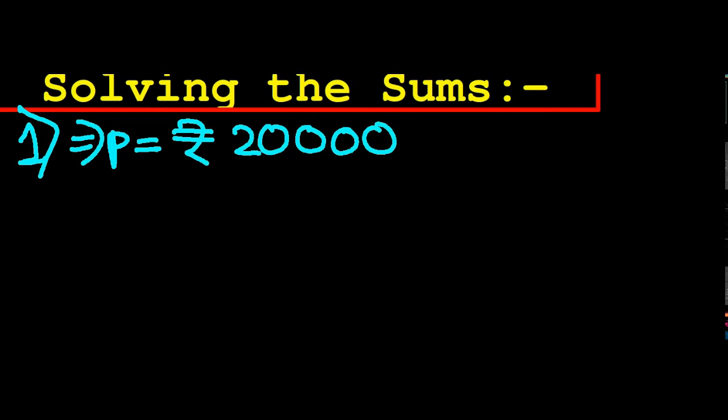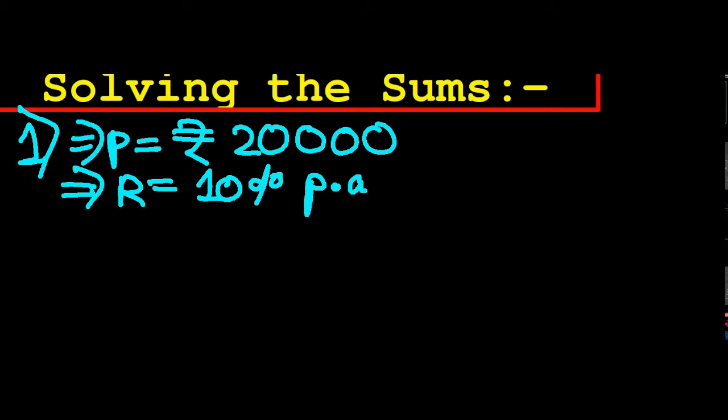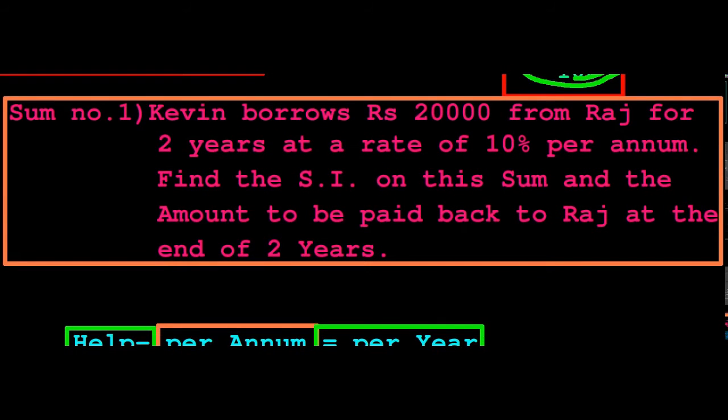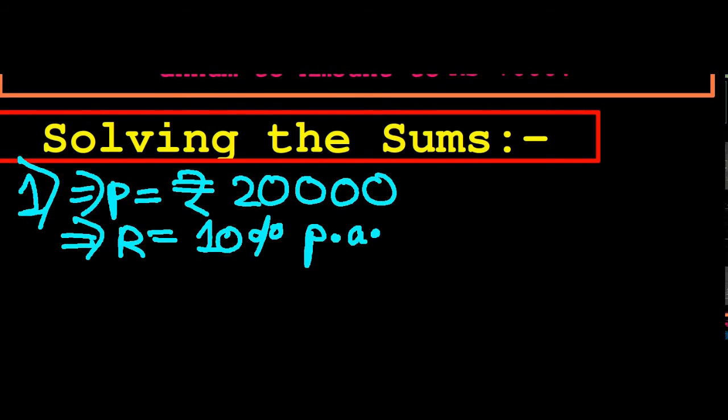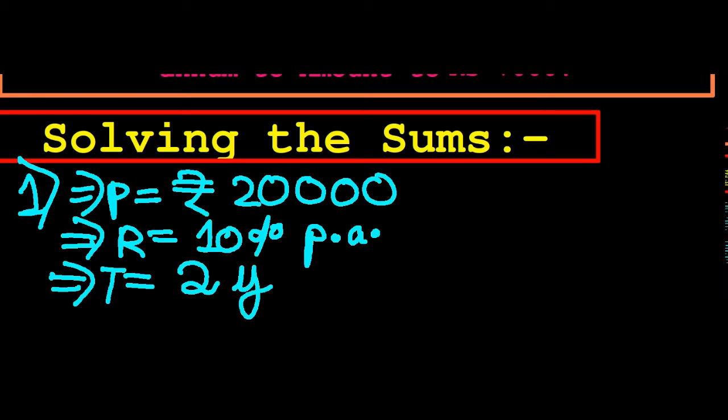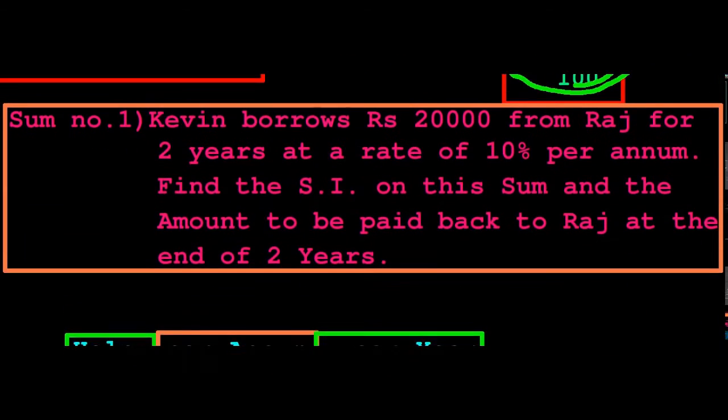And R, which is the rate, is equal to 10% per annum. We write per annum as P.A. The time is 2 years.